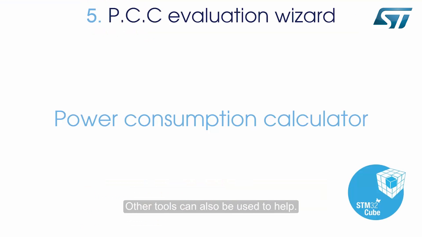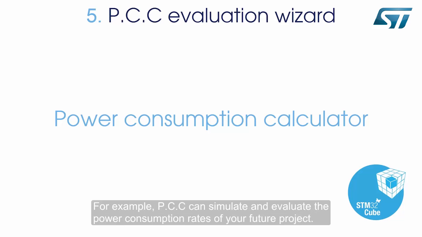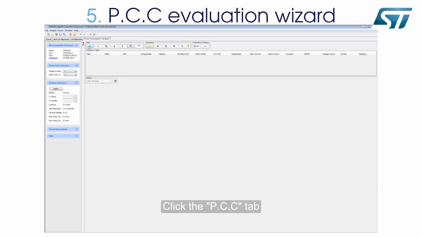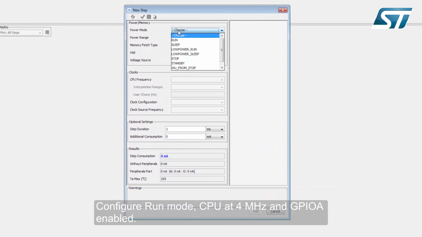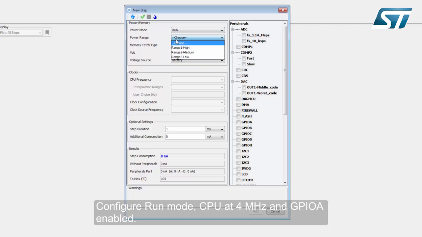Other tools can also be used to help. For example, PCC can simulate and evaluate the power consumption rates of your future project. Click the PCC tab. We can add a step. Configure Run Mode, CPU at 4 MHz and GPIOA enabled.